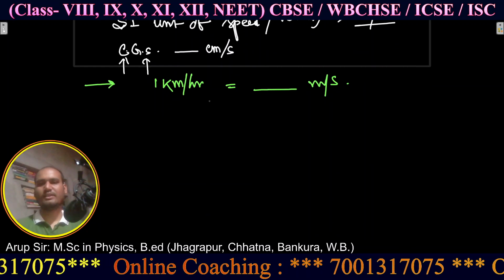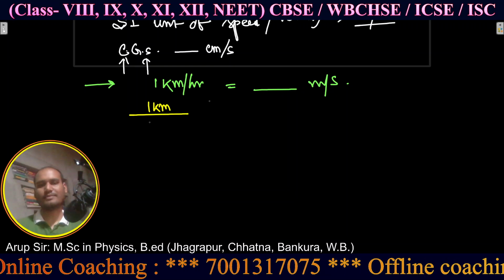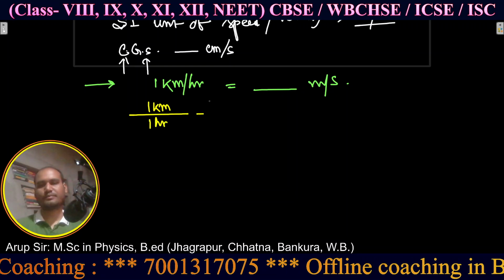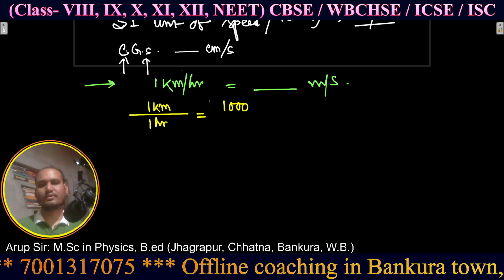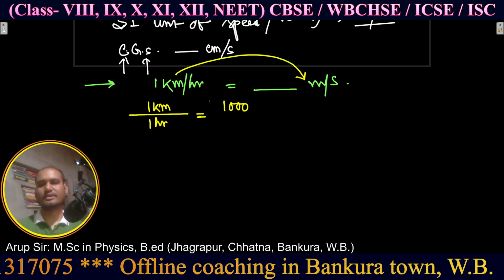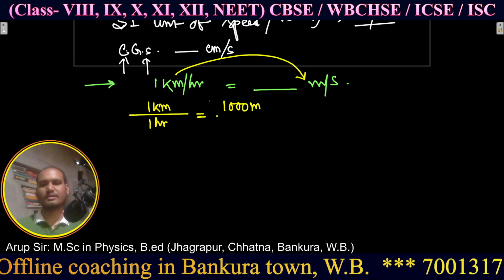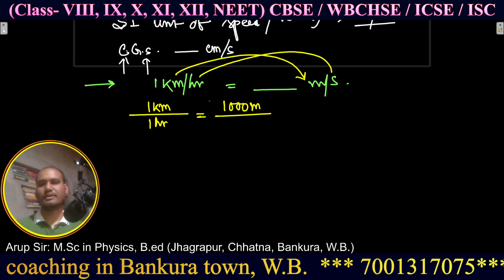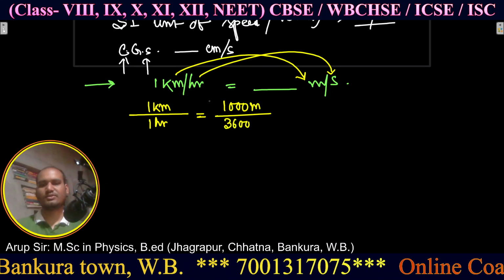So 1 kilometer per hour, I have said that per means division, right? Now 1 kilometer means how much meter, because we are going to convert kilometer into meter. So 1 kilometer means 1000 meter, divided by 1 hour converted into second. So 1 hour is equal to how much second? 3600 seconds.